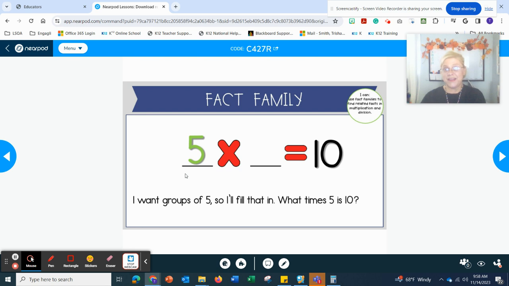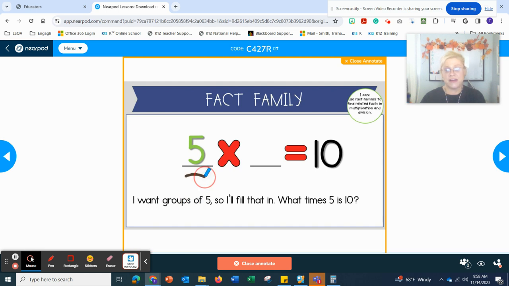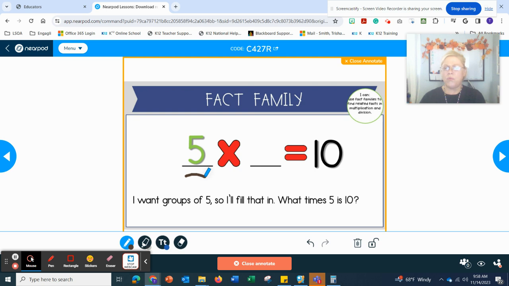And he wants to put 5 players on each team. He wants groups of 5. So I'll put 5 right here. So what times 5 is 10? Now, if I have that automaticity, I can say, what times 5 is 10? And you're probably like, that's easy, blah.